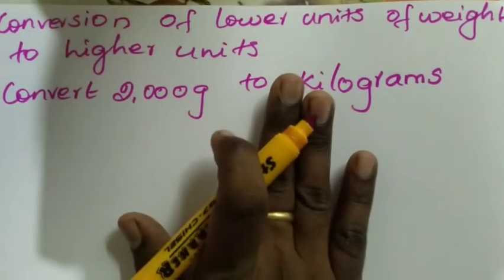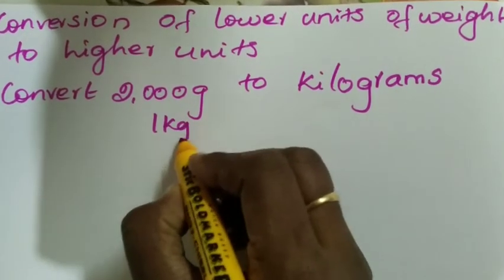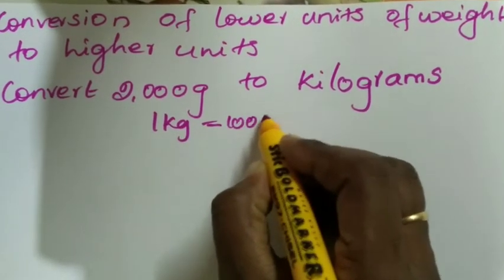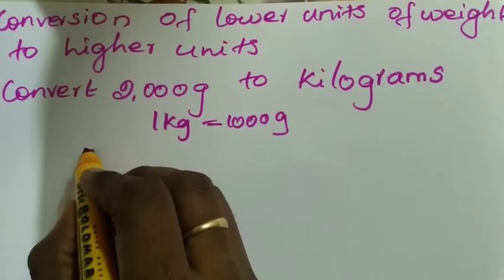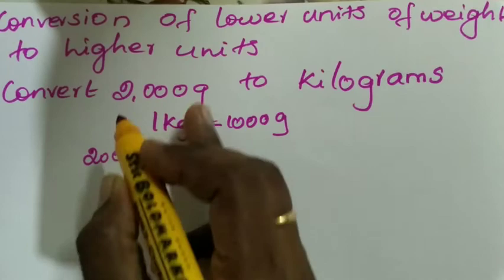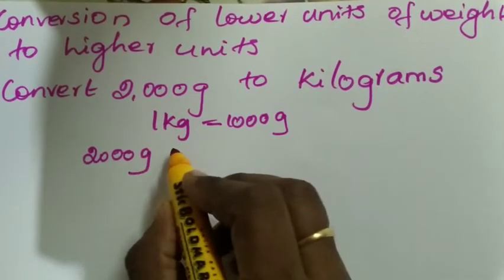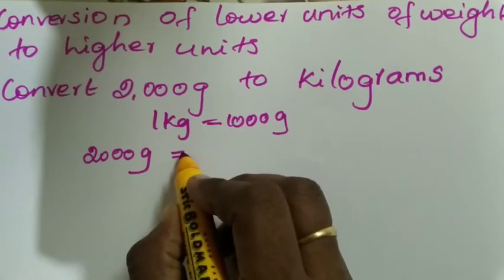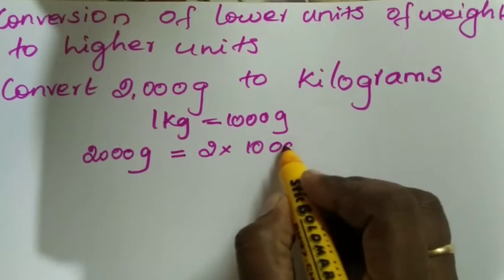Here first we know that 1 kg is equal to 1000 gram. In the question, what are they given? They gave us 2000 gram. So 2000 gram is equal to, how to split that? 2 into 1000 gram.